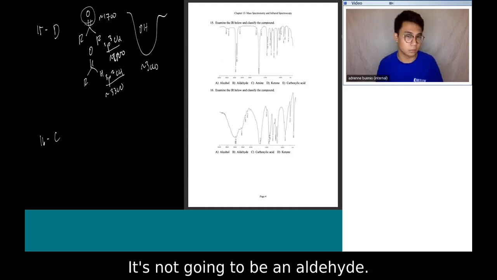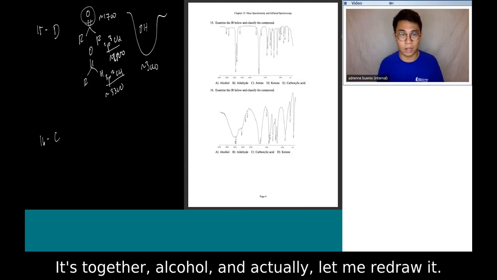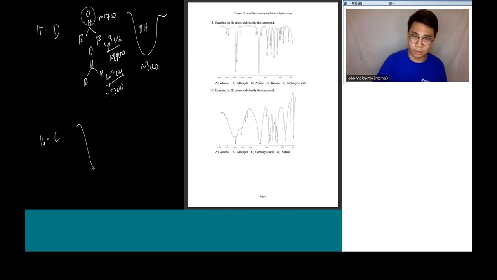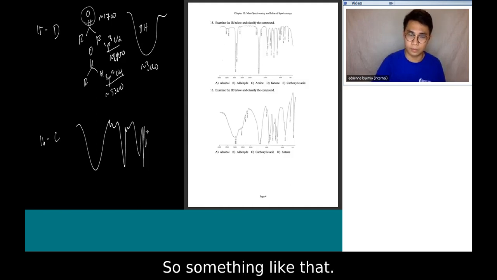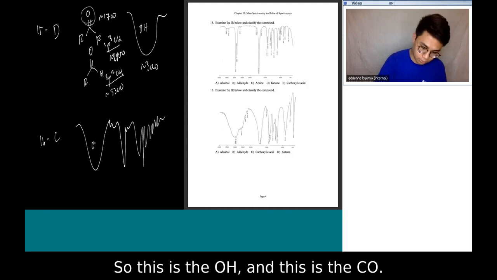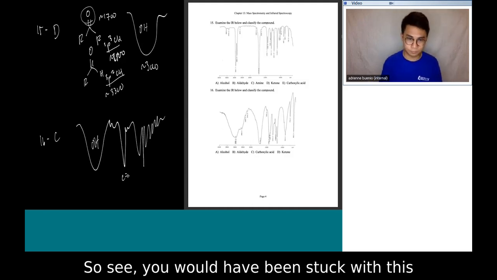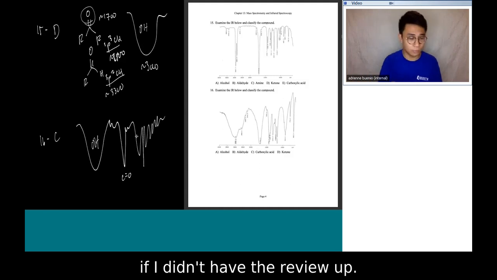It's not just going to be an aldehyde. It's together. Let me redraw it. So something like that, right? So this is the OH and this is the CO. So see, you would have been stuck with this if I didn't have the review up.